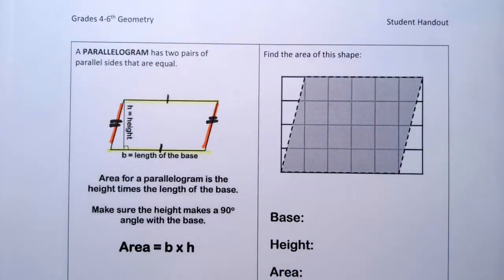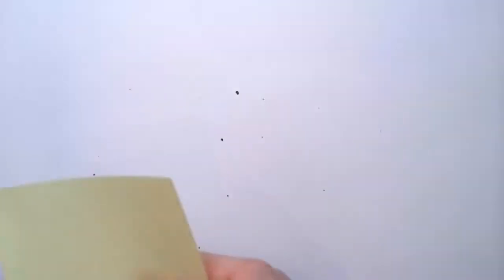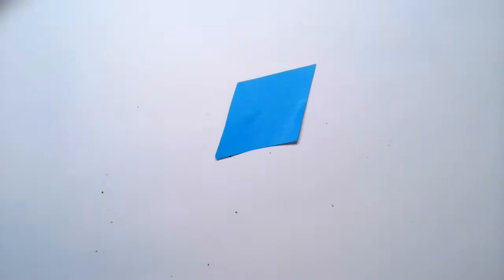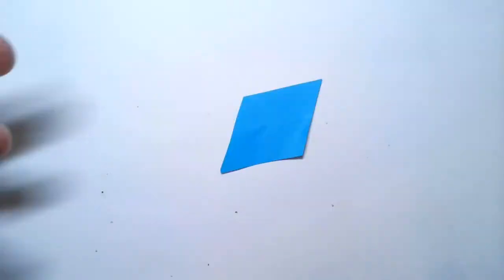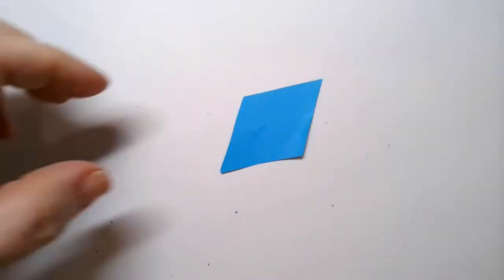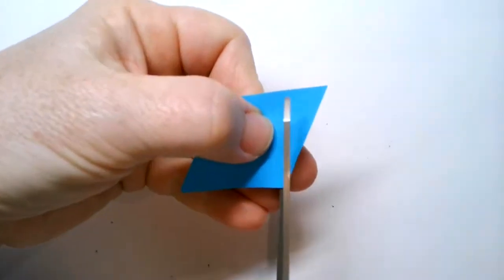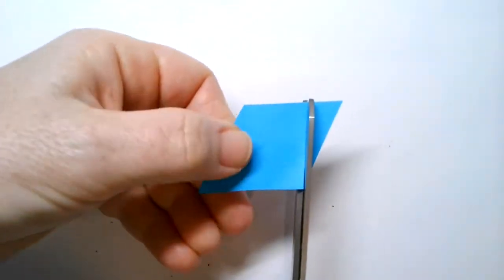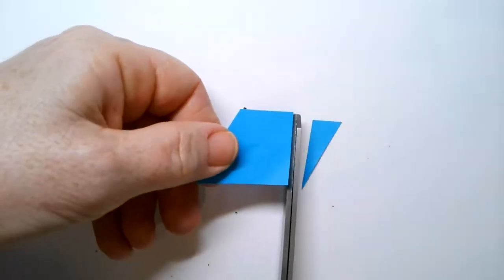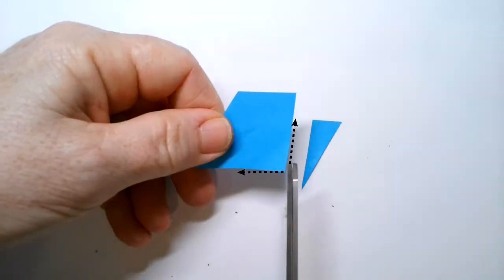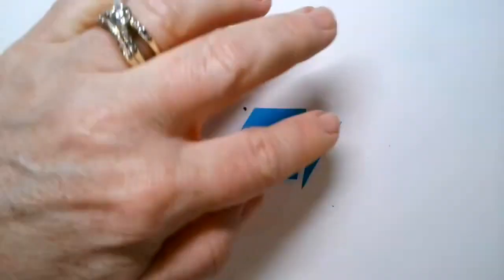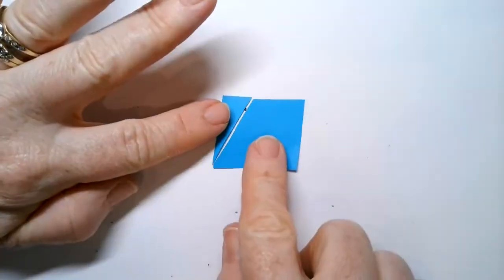Okay, so let's find the area. And in order to do that, I thought we would do a quick little craft. So I want to find the area. Now this is like a shape that has angles and stuff. So we might be a little concerned about that. But look what happens. If I cut this triangle off and I cut a line that makes this a square corner, a 90-degree corner, look what I can do with this. It fits exactly here.